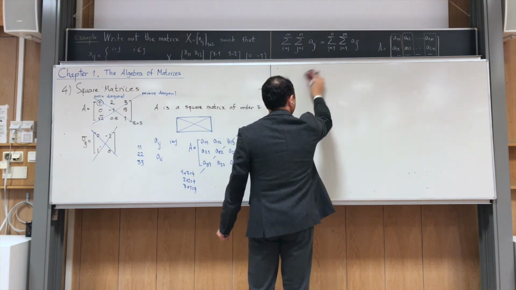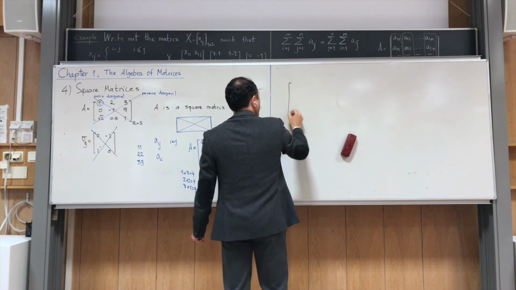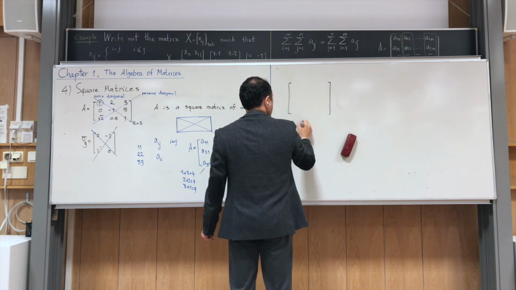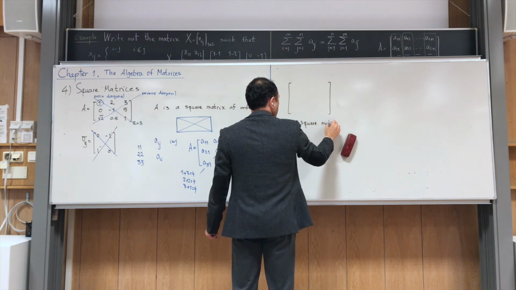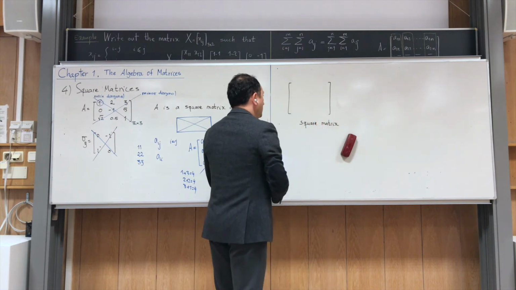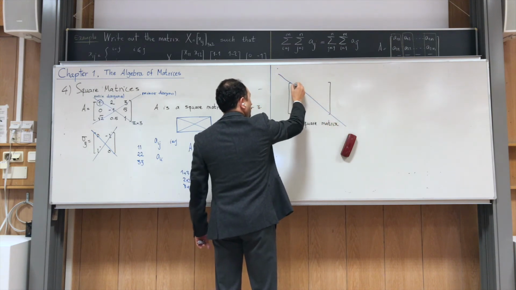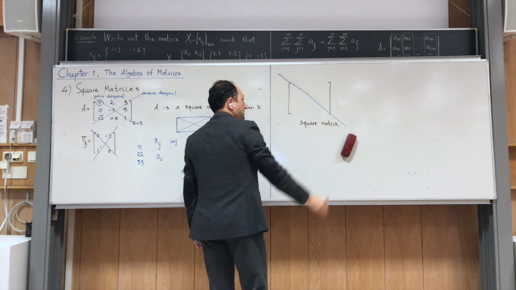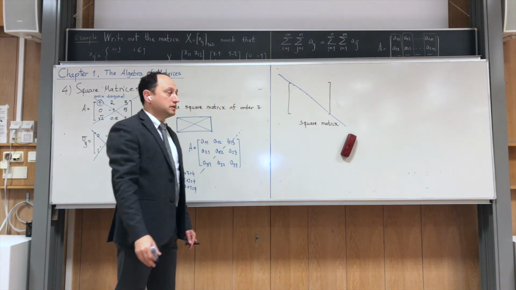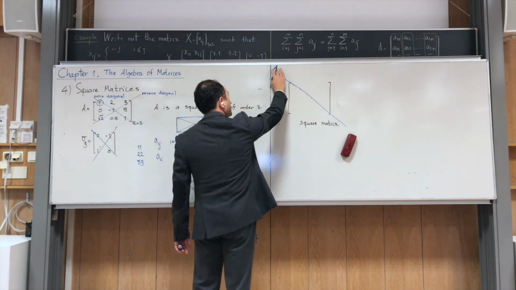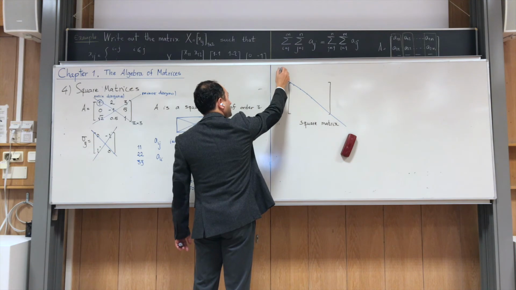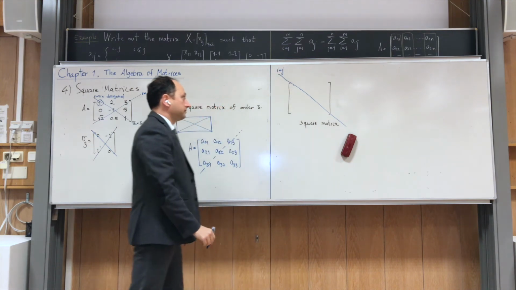So if I have this square matrix, then the entries lying on this diagonal here, here, here, here, are called the entries on the main diagonal. What are the properties here? The row index is equal to the j index.